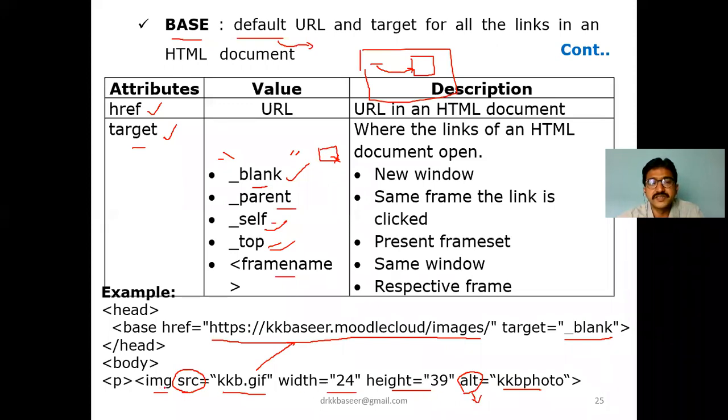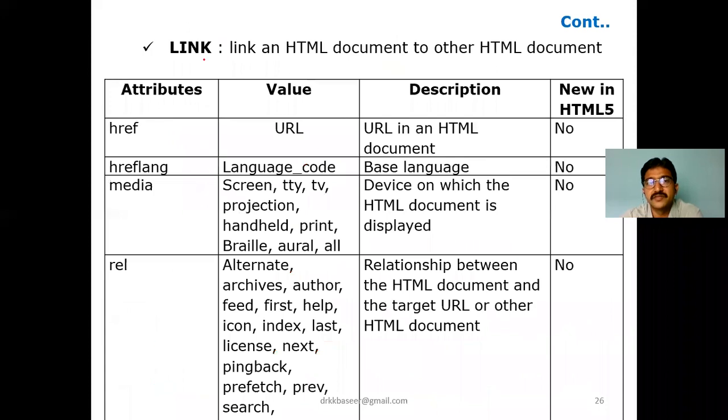So image consists of the src attribute, width attribute, height attribute, and ALT. In upcoming commands, there will be a separate discussion on img. Similarly, we have link, consisting of attributes href, language, media, rel.